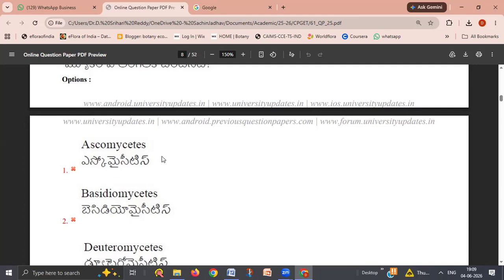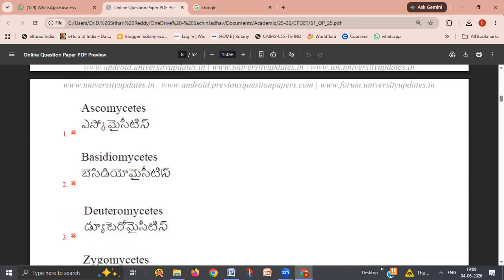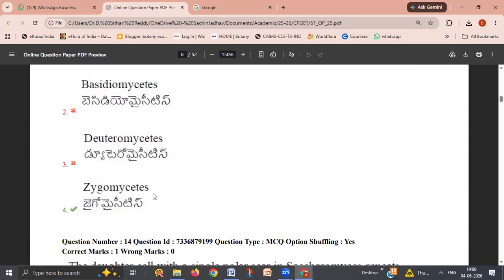The organisms belonging to Ascomycotina are called Ascomycetes, the fungal organisms belonging to Basidiomycotina are called Basidiomycetes, those belonging to Deuteromycotina are called Deuteromycetes, and the fungal organisms belonging to Zygomycotina are called Zygomycetes.